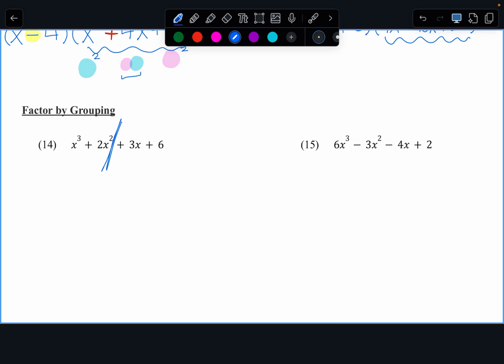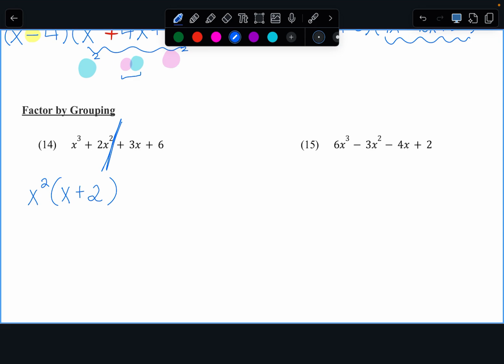Do the first two have anything in common? They both have x to the power. Yeah. They both have at least 2 x's, so x squared. If I take x squared out of them, what's left over? X plus 2.